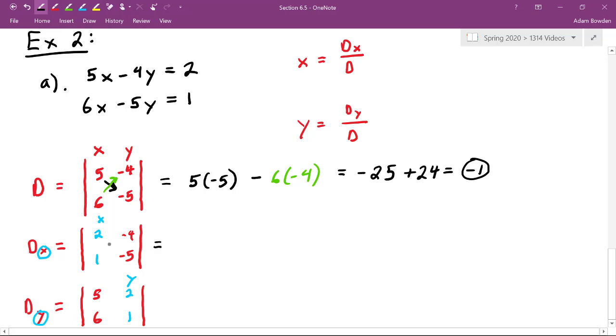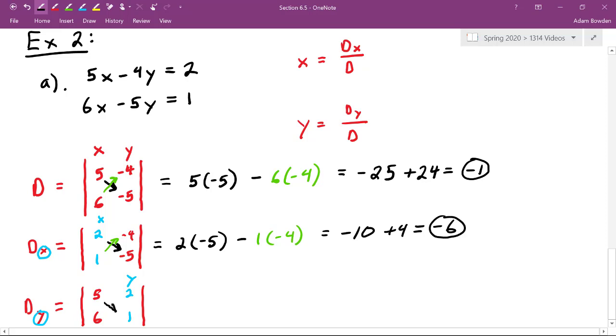Now when we do the next determinant, we multiply down to the right, so we take 2 times -5 minus 1 times -4. So that's going to equal -10 plus 4, which is -6.